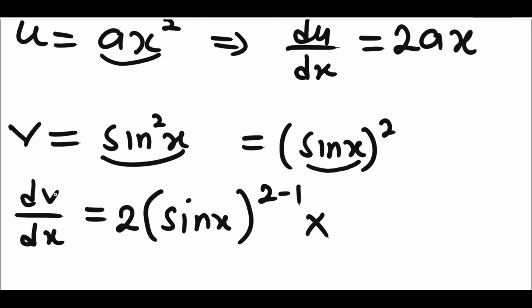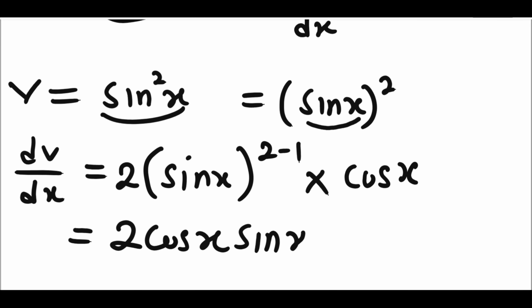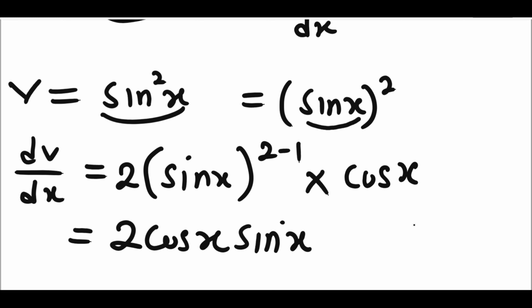When you differentiate sine x, you are going to get cos x. So let us multiply, and this will give us 2 cos x, then sine x in bracket raised to the power 2 minus 1. So the power becomes 1, so it's going to be sine x.